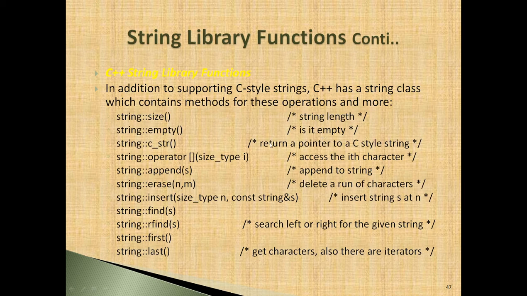String operator with size_type i is used to access the ith character, meaning a given character within a string. To access a particular character from a given string, we need to pass the position of the character.